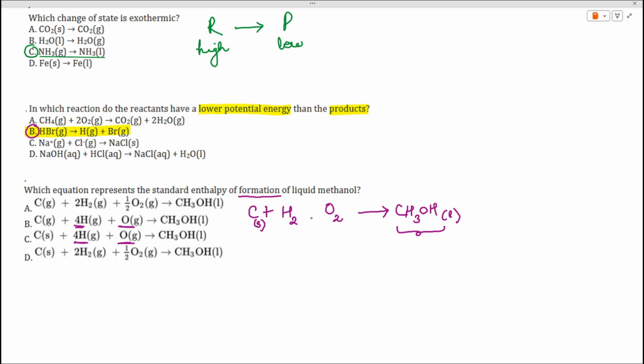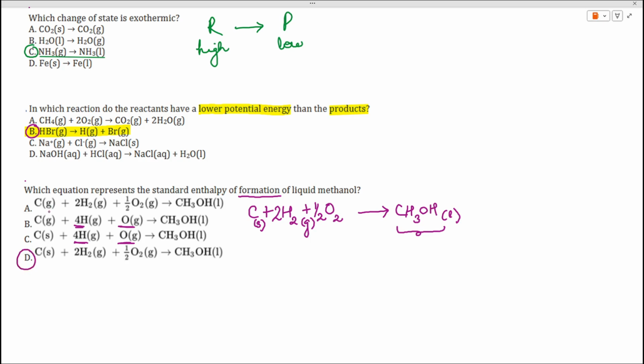For hydrogen, we need to have a gas, but on the right hand side, we have 4 atoms, so we need to balance it out. And for oxygen, we have only 1, so here we need to add a half to get 1 mole of oxygen. So our correct option for this question is option D.